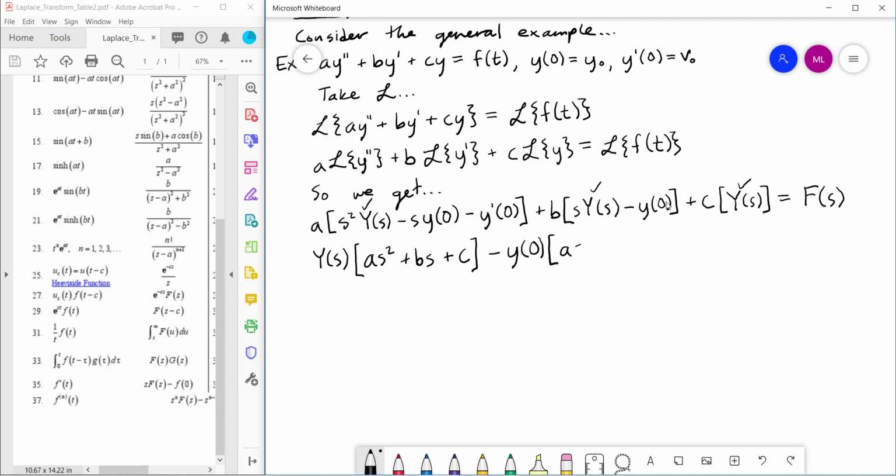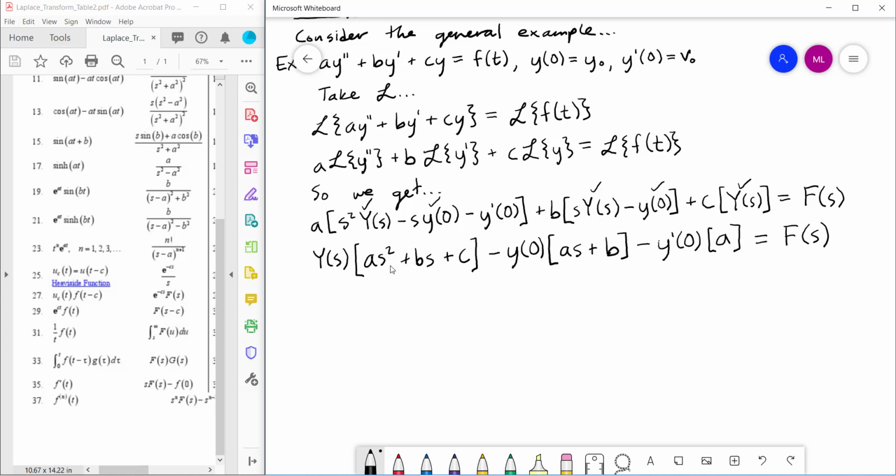So this is going to be a s plus b. And the last term is minus y prime of 0 times its remaining coefficient, which is just a. And again, that's all equal to our F of s.